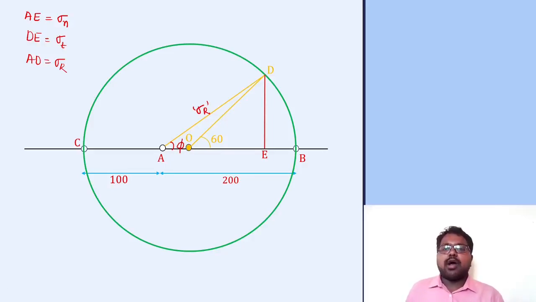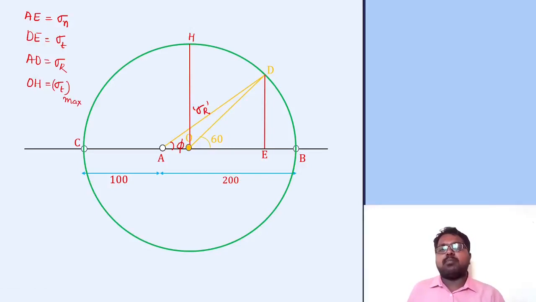Then if we draw a perpendicular from O to somewhere on the circle which will join at H, that OH is the maximum value of shear stress, that is sigma T max.